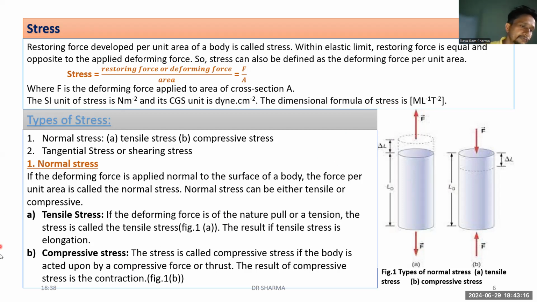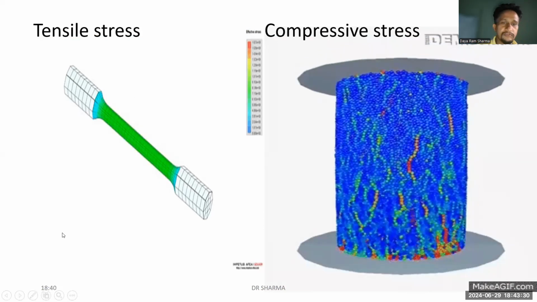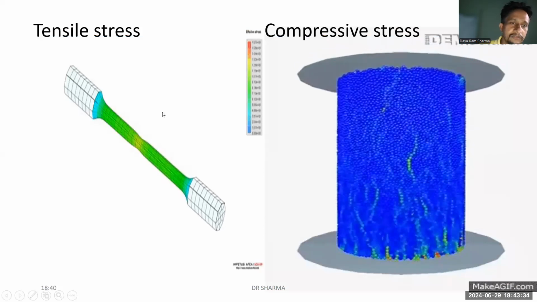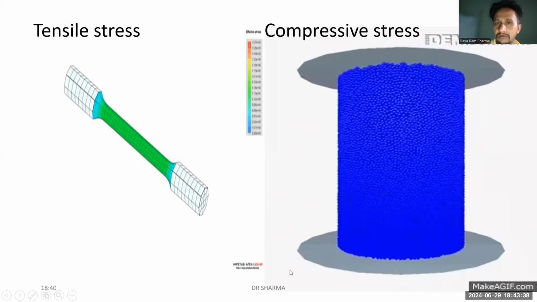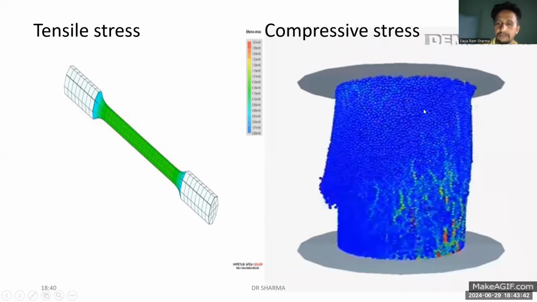I want to show you the animation to express the tensile stress and compressive stress. The first animation shows the tensile stress, which is increasing the length of the body. And the second animation shows the compressive stress, which decreases the length of the body.